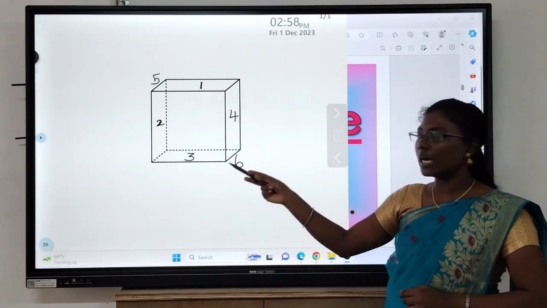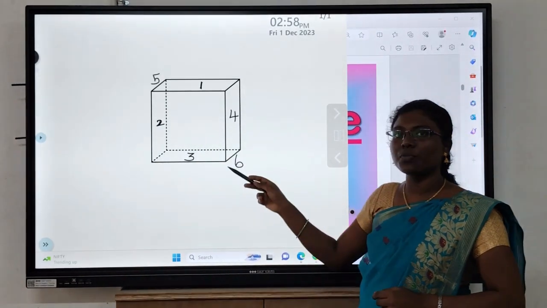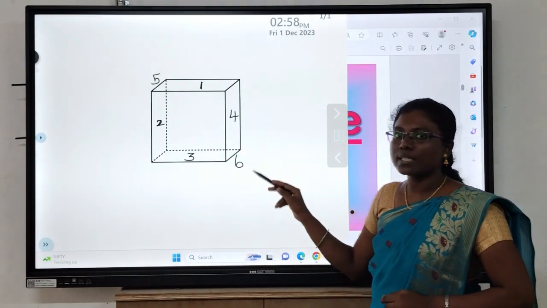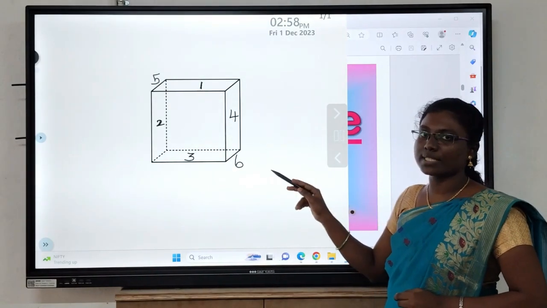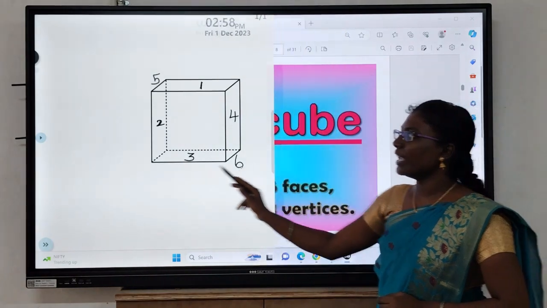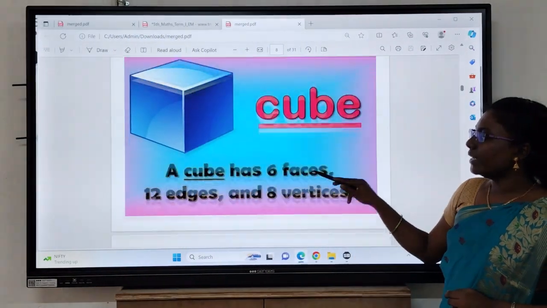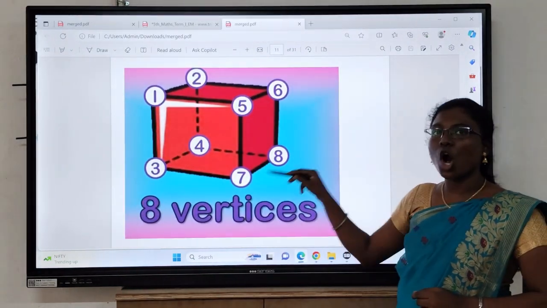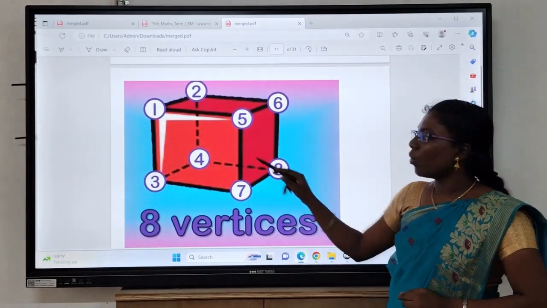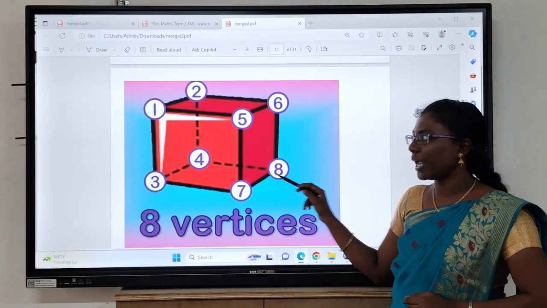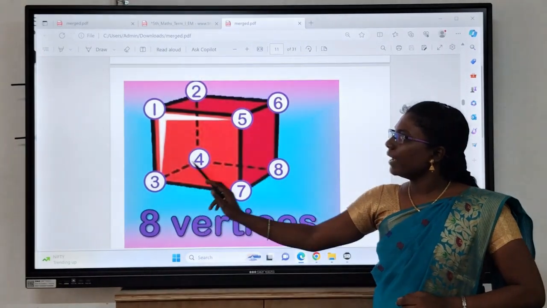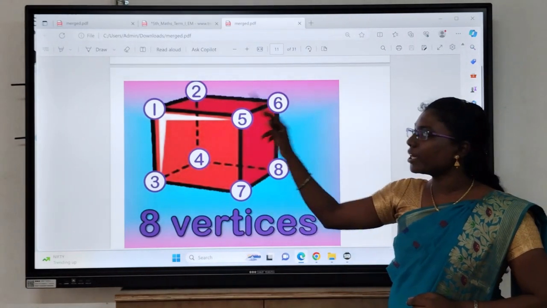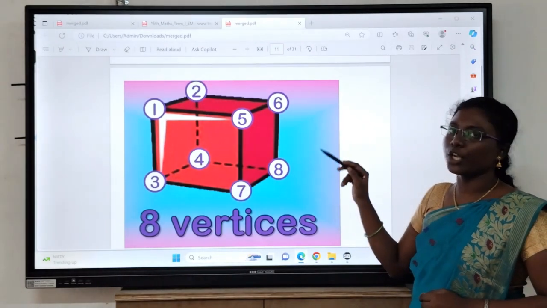Here you have 1, 2, 3, 4, 5, 6, 7 and 8. So 8 corners, 8 vertices in cube shape.